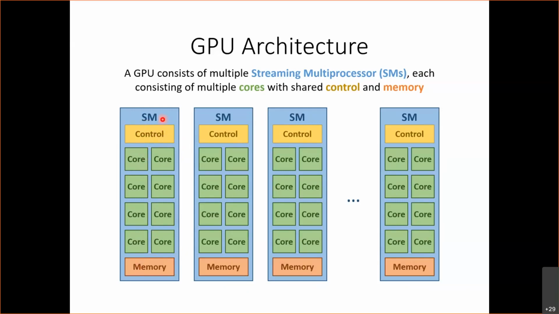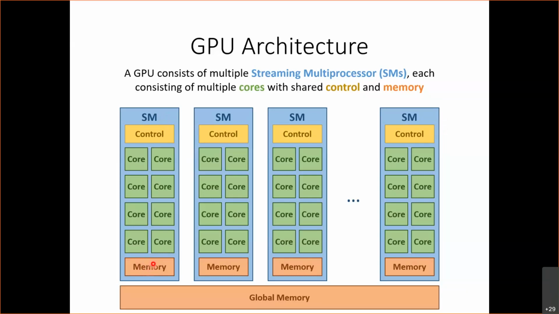Each SM has many cores, and these cores share control logic, and they also have shared memory. Of course, all the SMs have access to the same global memory. This is the same global memory that we discussed in the first lecture, where we copy from the CPU memory to the GPU's global memory.